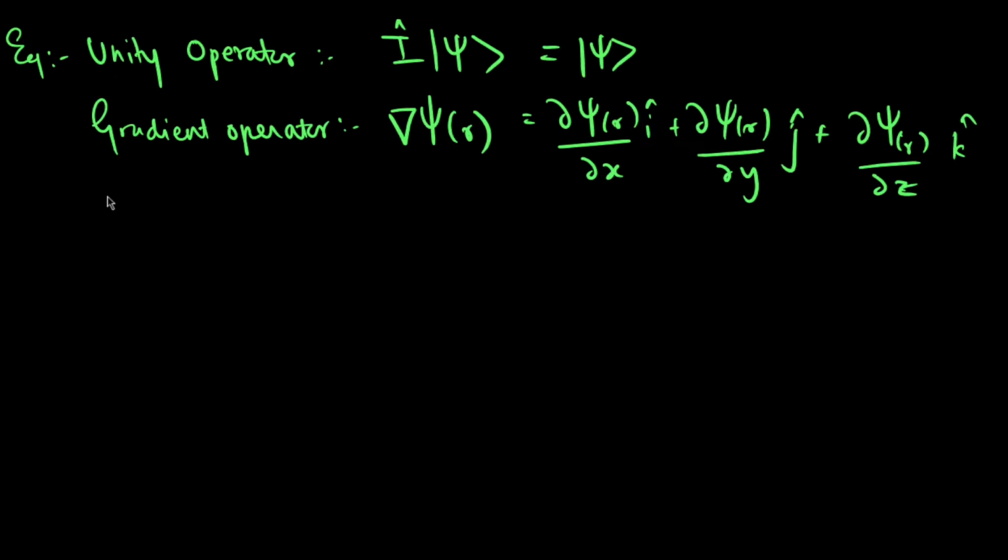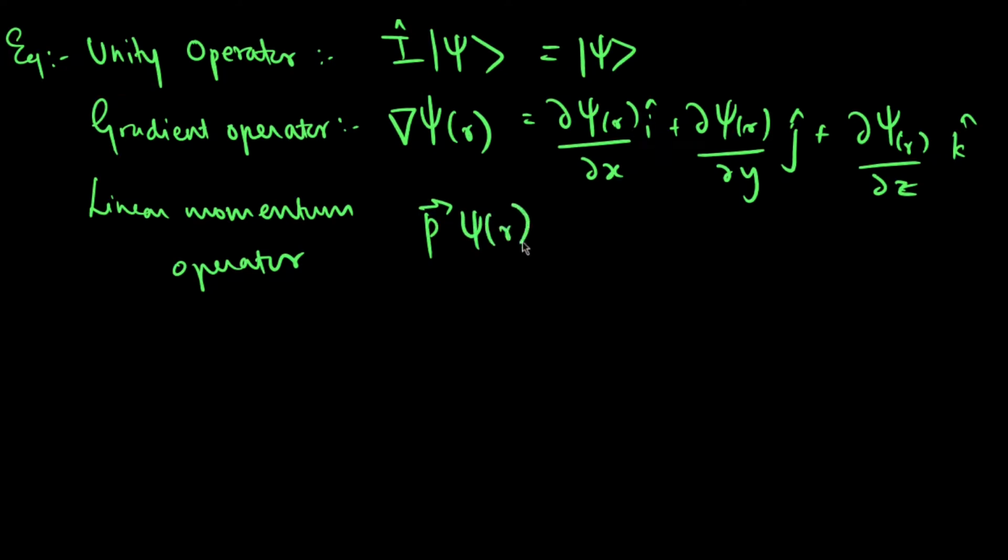Let's see the linear momentum operator. P psi r equals minus i h cross del of psi r. Here del is the del operator.